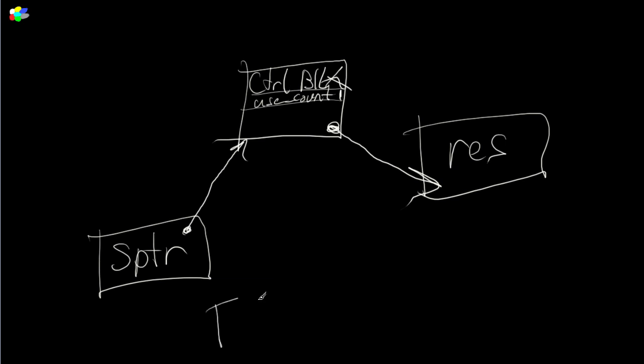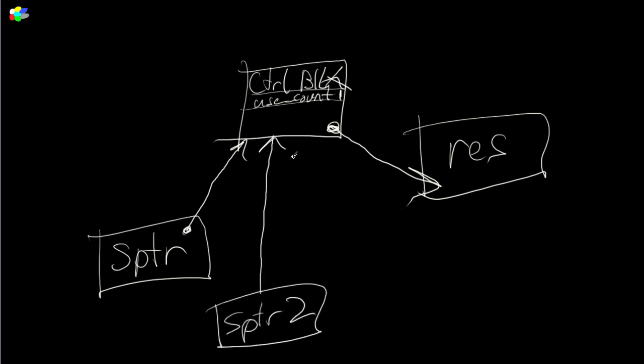Now, when you copy a shared pointer, what's going to happen is this shared pointer is also going to point to this control block, and the use count is going to be incremented. So that is how this pointer knows when another reference has been added to this resource. It's because they're both not referencing the resource directly, they're both referencing this control block.